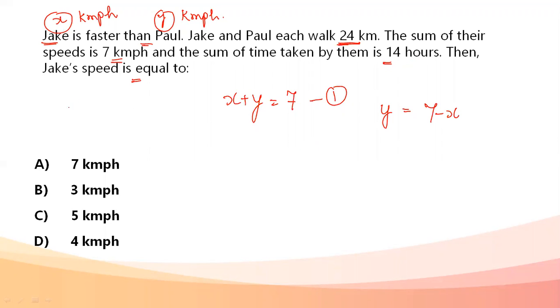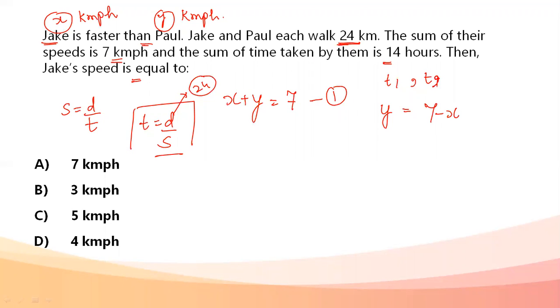Speed is equal to distance upon time, but I know time is equal to distance upon speed, because these three terms, speed, distance, and time, are interconvertible. I can write speed in terms of time, and time in terms of speed. I know distance here is 24. Let's say T1 and T2 are the times, so T1 plus T2 equals 14 hours.